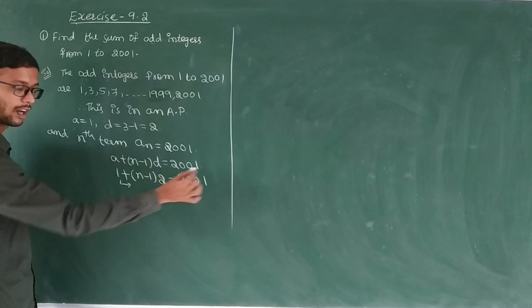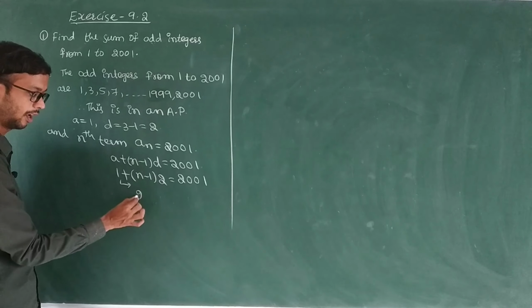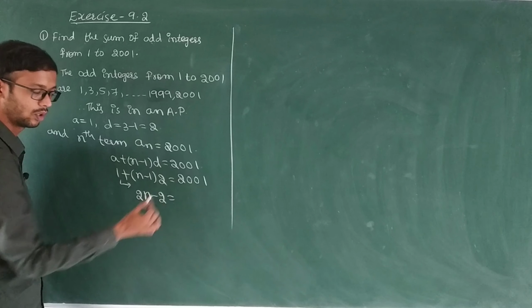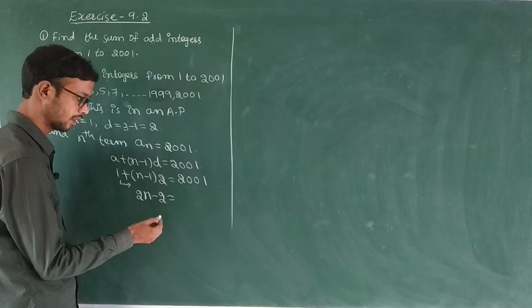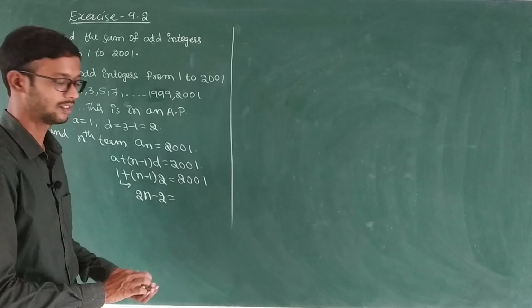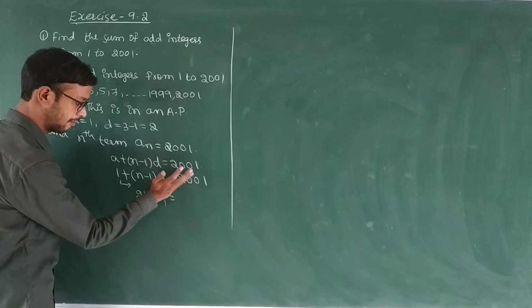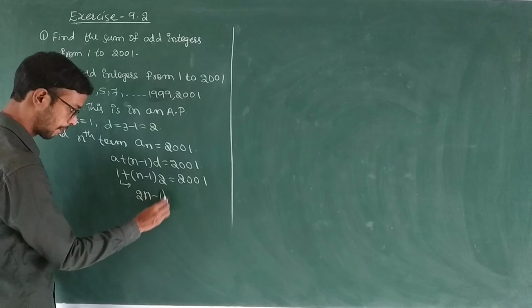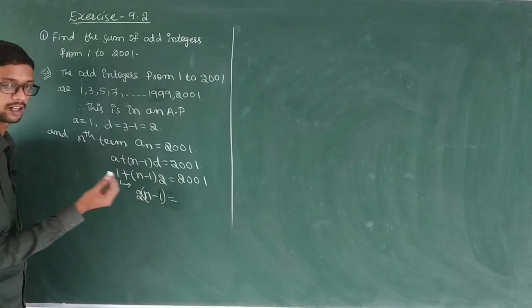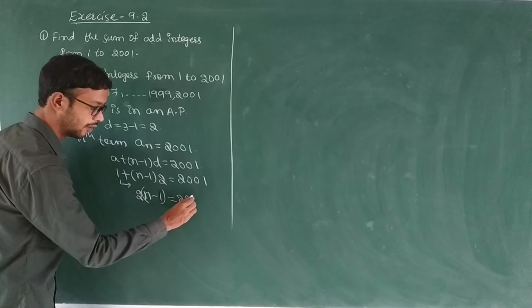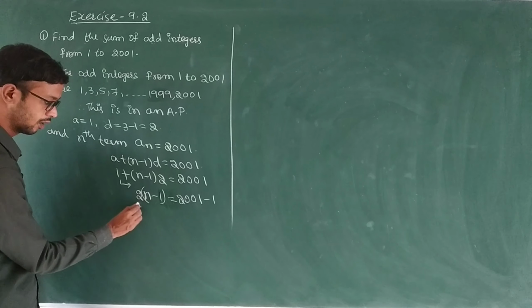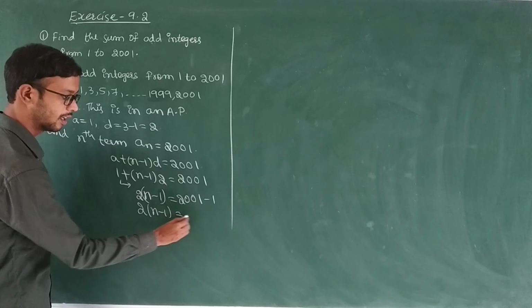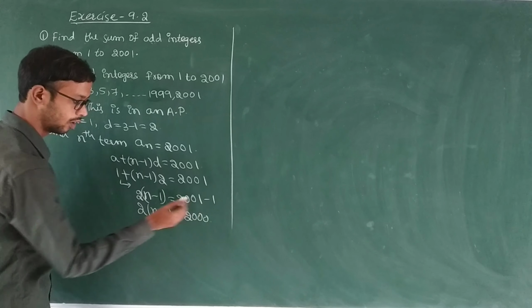Multiplying, 2n minus 2 on the left side. Taking the other terms across, 2001 minus 1. 2 into n minus 1 is equal to 2000.